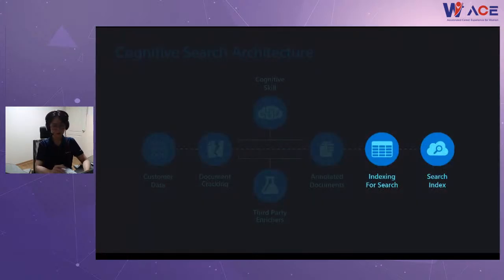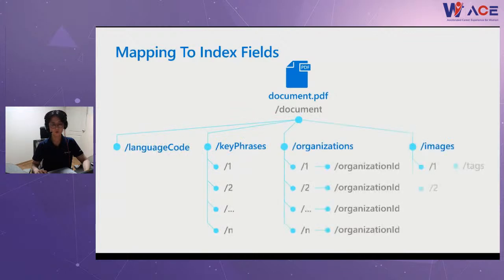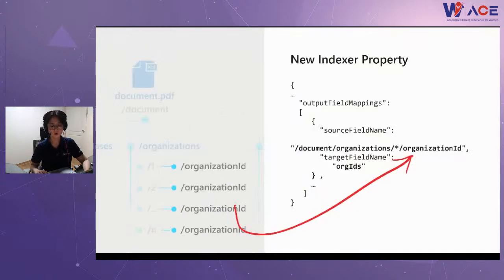Okay, once you define the skill set and extract AI-enabled features from the documents, it's time to store them in the index. You don't actually need to add every skill set to the index.